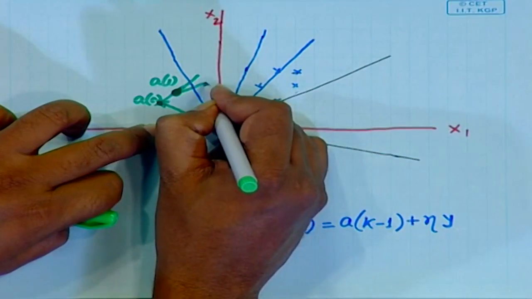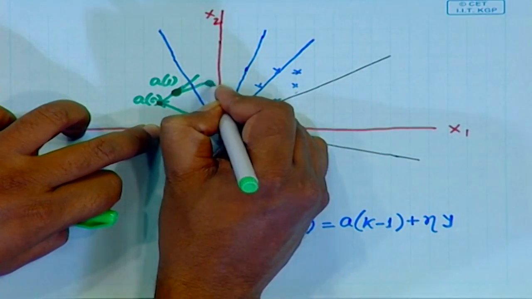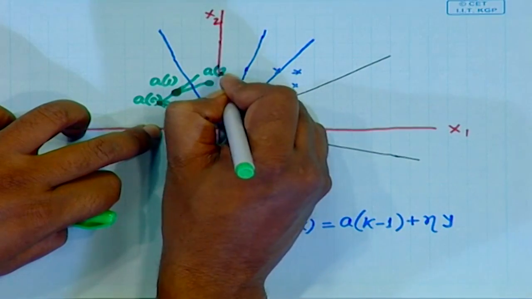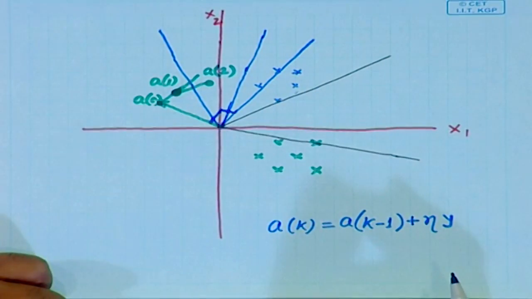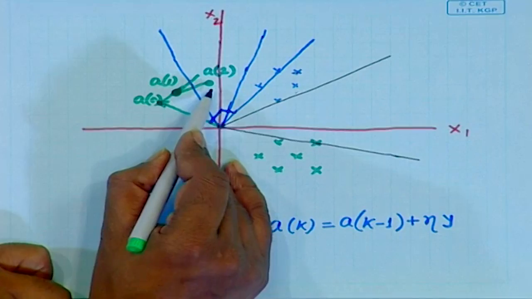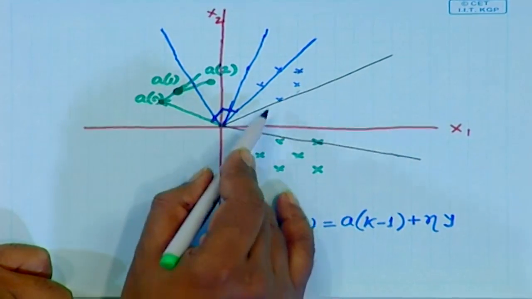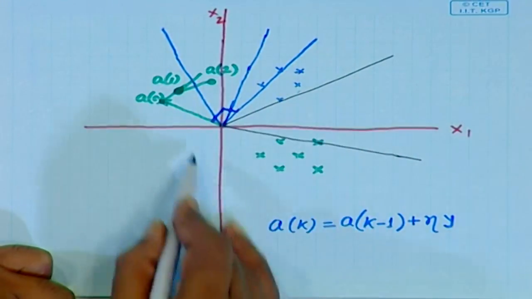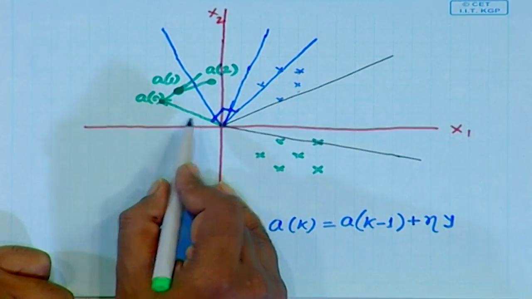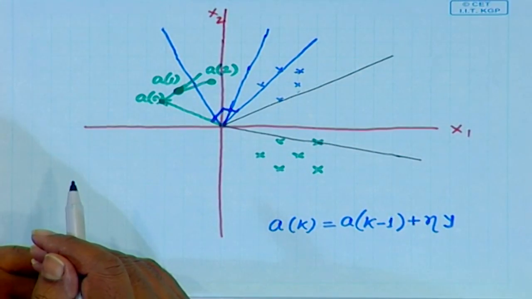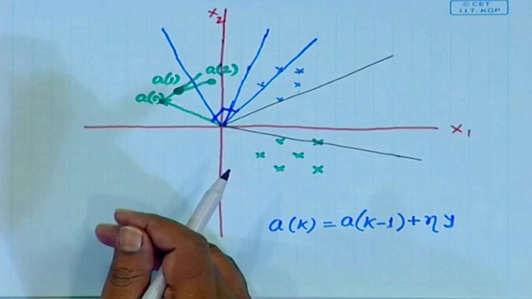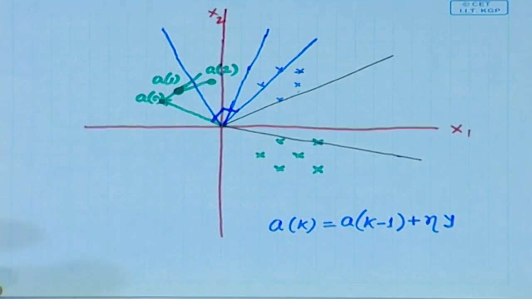While doing this, it may be possible that this A2 has come within the solution region. Once A2 is pushed into the solution region, all the samples over a single pass will be properly classified by this weight vector A2. So, effectively, in every pass, I am pushing the weight vector in the direction of the misclassified sample by a certain distance.